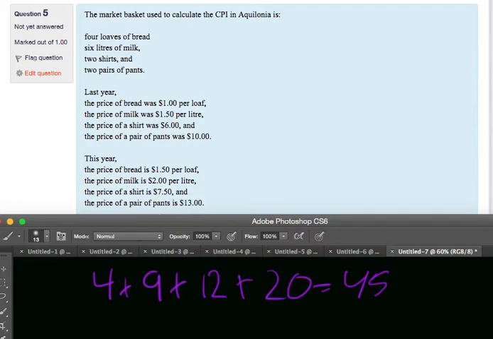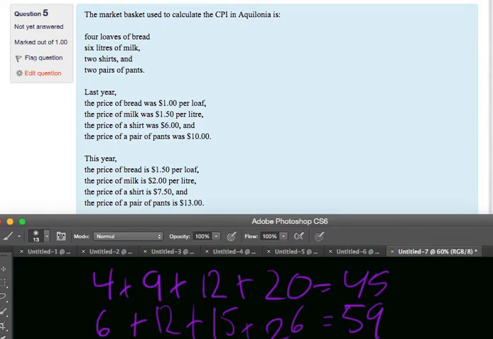Here I have 4 times 1.50, so for the new year it's 6, plus $2 times 6, so 12. Then 7.50 times 2, 15, plus 13 times 2, 26. So this adds up to 18, 33 plus 26 is 59. Hopefully I didn't make any calculation mistakes here.